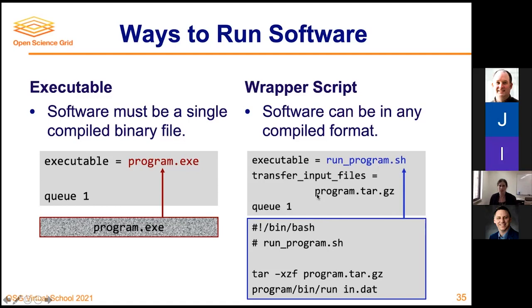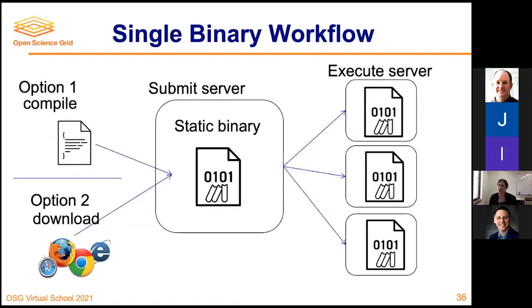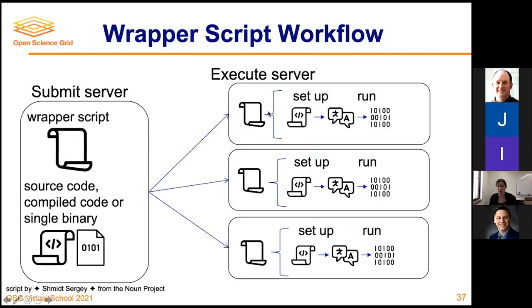So that's how you put these pieces together to run a job in diagram form. If you have a single static binary that you either compiled or downloaded, that just gets shipped out to different execute nodes and run directly.